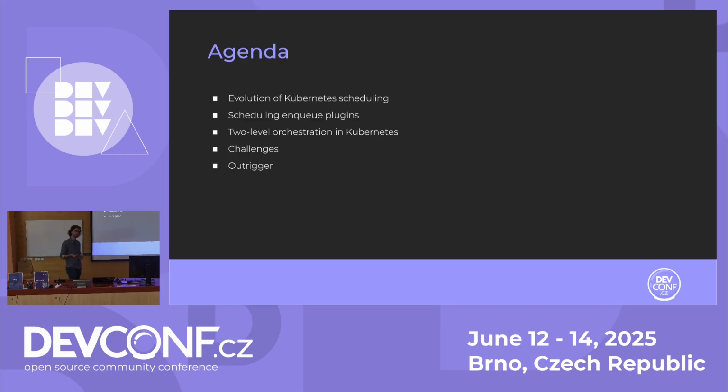I will present what the scheduling Enqueue plugins are, and then move forward, introducing this concept of two-level orchestration in Kubernetes, exposing challenges, and introducing Outrigger as the community where we are essentially exploring the problems related to these approaches.